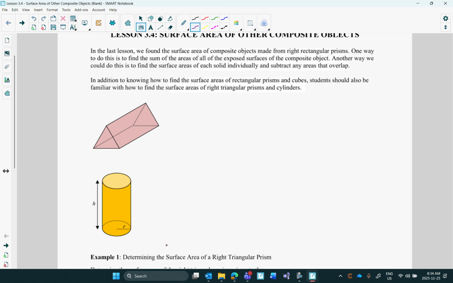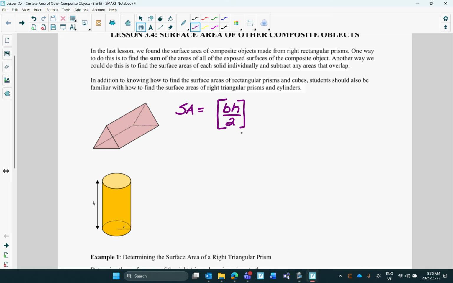So the general formula would be the surface area of the 2 triangles. And how do I find the area of the triangle? What's the formula? Remember a triangle? Base times height divided by 2. But there's 2 of them, right?